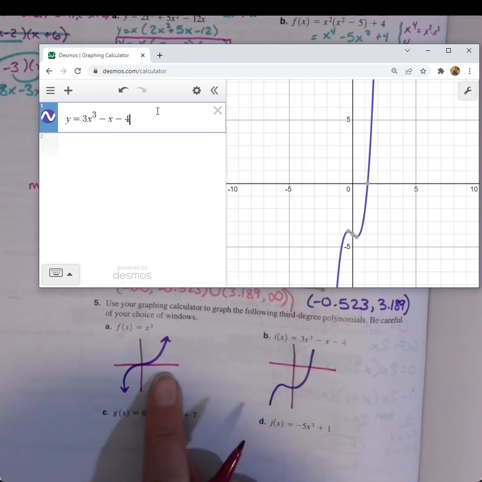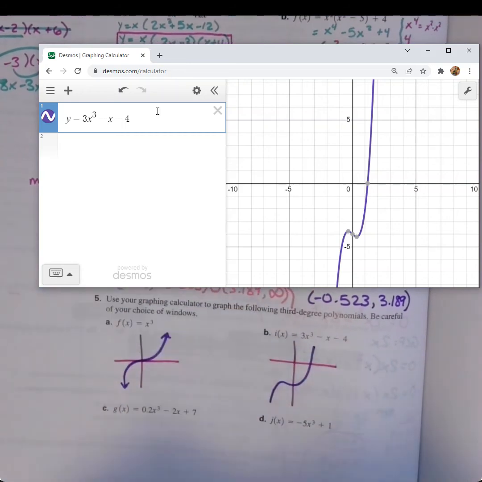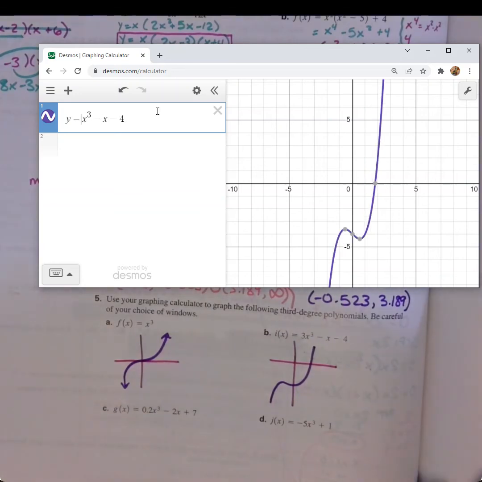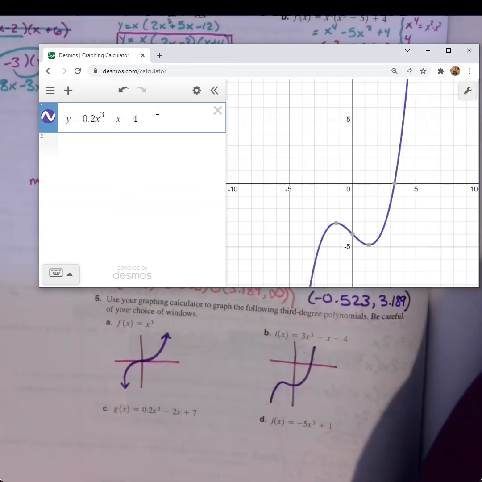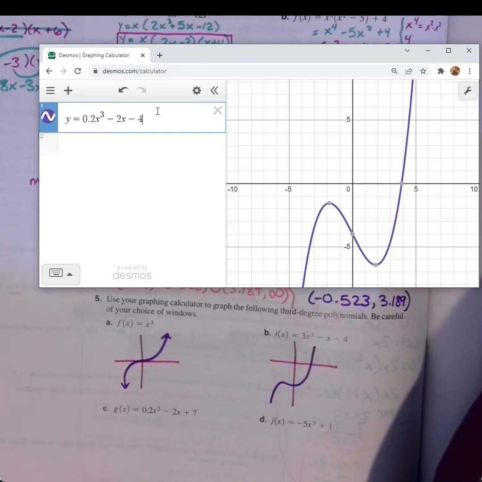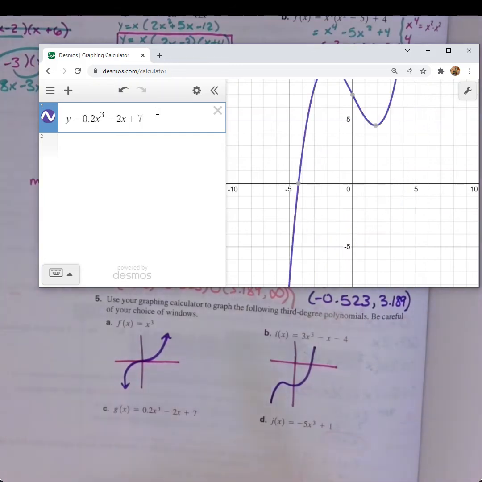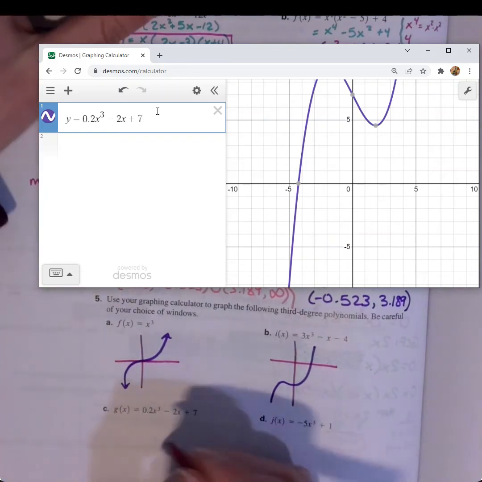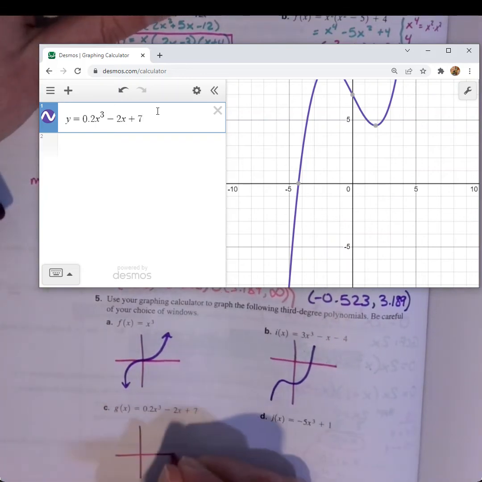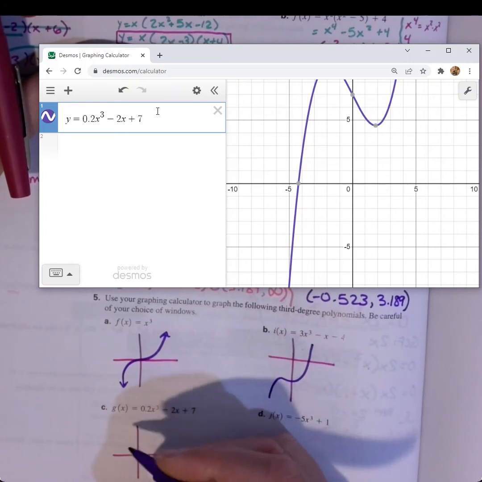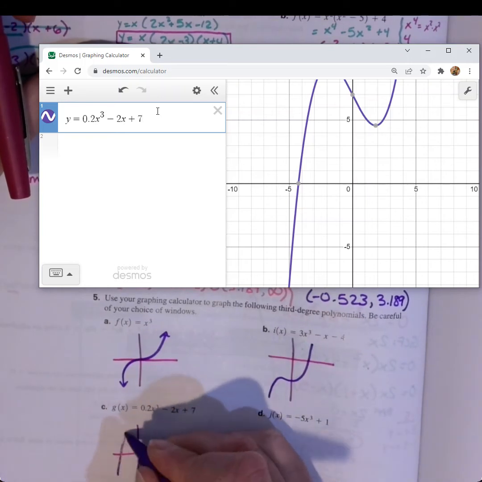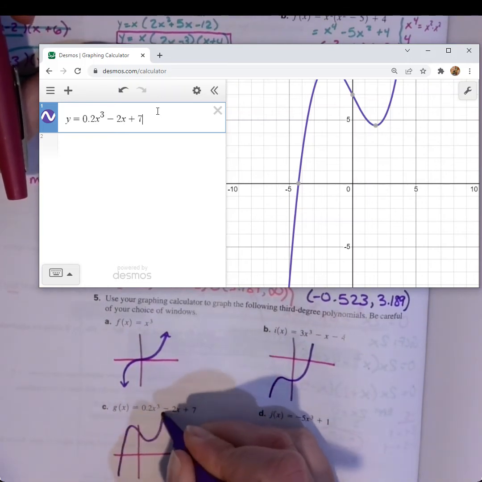This one also has 1 x-intercept. Okay, let's see what other possibilities we can have when we change those values. Let's look at 0.2x cubed minus 2x, and then plus 7. Okay, so give myself a set of axes real quick. This function looks like this.